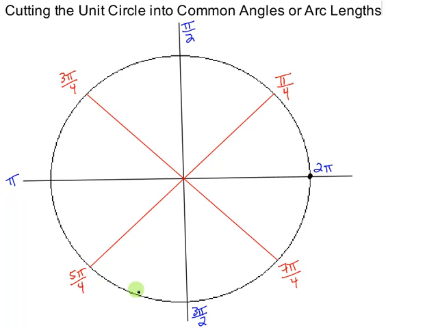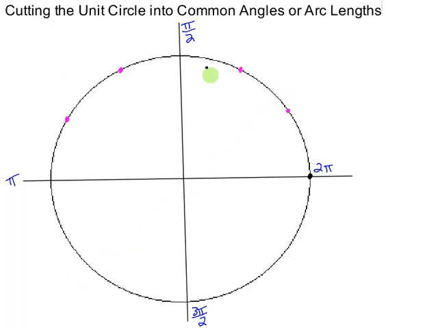Okay, now I'm gonna get rid of this red stuff so we can focus more now. When I did the reds, the pi over 4s, I cut the pi over 2 in half. Okay? Now I'm going to cut the pi over 2 into 3 equal pieces. So I've cut my pi over 2 into 1, 2, 3 pieces, and so now I'll draw lines here to make it clear where the cuts are.